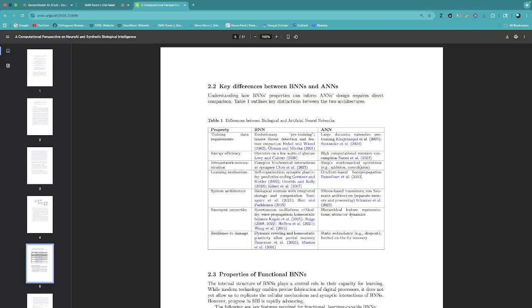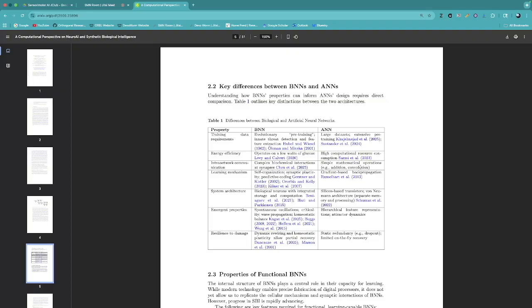And so then the next one is systems architecture. That's biological neurons with integrated storage and computation. And then in artificial neural networks, we have silicon-based transistors, von Neumann architectures, which separate memory and processing into two components. Whereas in biological networks, those things aren't necessarily separated, or if they are, they're in a network that interacts with each other.